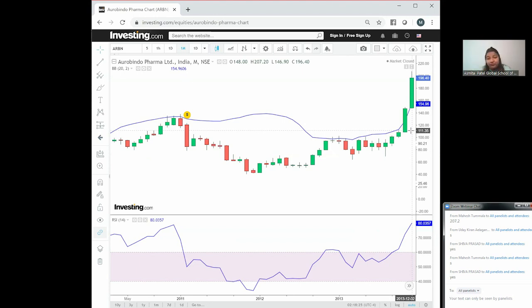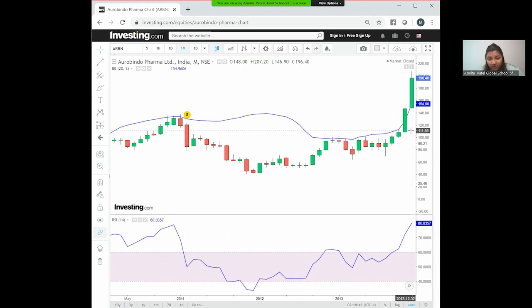I'll give you the rules. Are you understanding it? So we're interested in the fast move. In short-term trading, what we are going to focus on is that we want to catch this fast move.